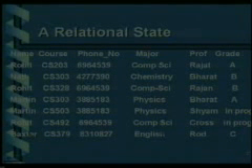That Rod teaches CS 379, or that 379 will be taught by Rod. That information is getting lost. Deletion anomaly. We remove this particular tuple and we are losing information. We have lost information.